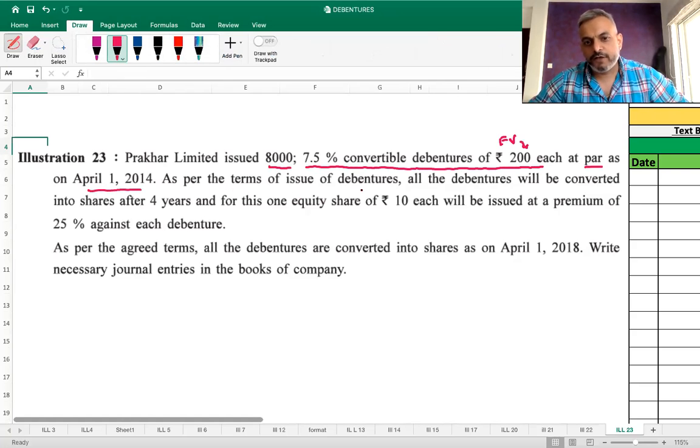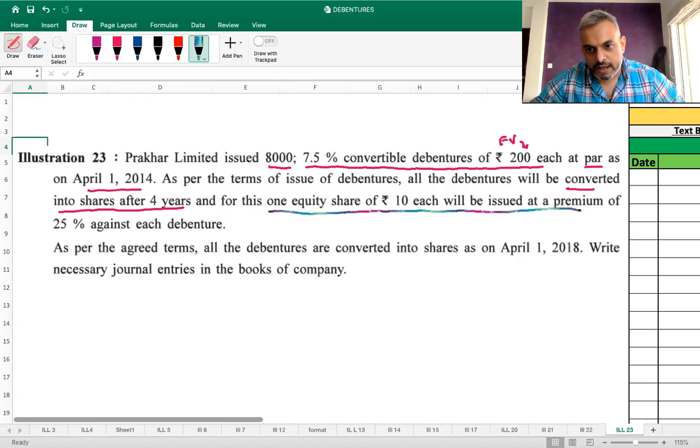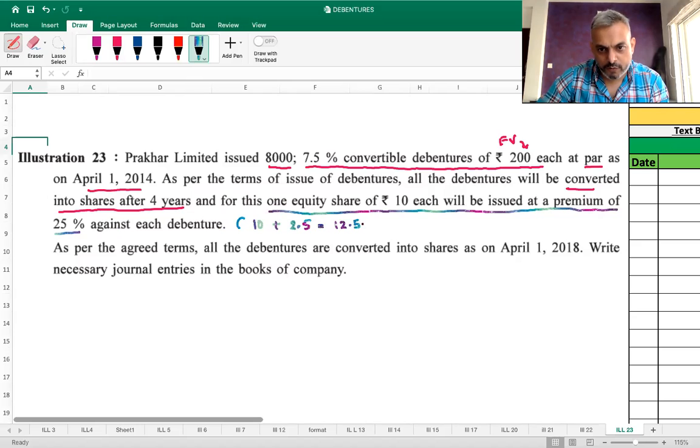As per the terms of issue of debenture, all the debentures will be converted into shares after 4 years, and for this please pay attention, one equity share of face value 10 will be issued at a premium of 25% against each debenture. So rupees 10 plus 2.5, so we will be giving shares worth 12.50 to our debenture holders.